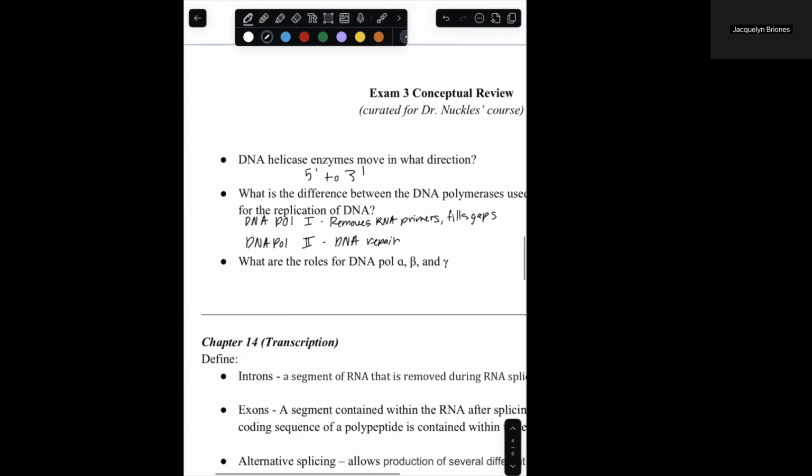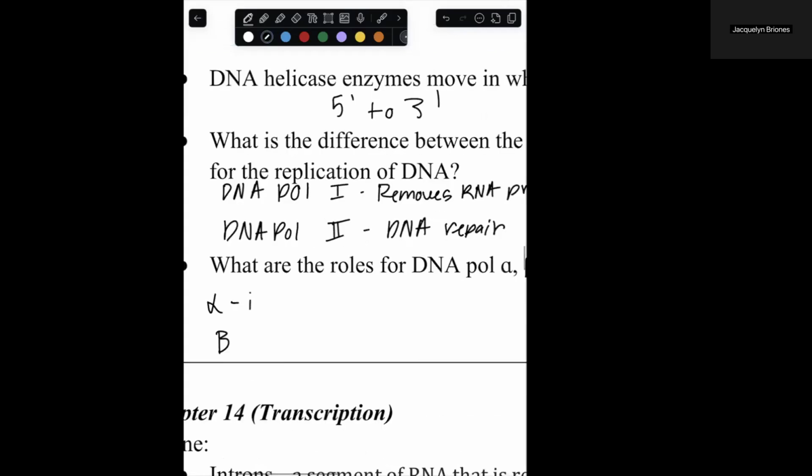And then we'll go into alpha, beta, and gamma. Alpha initiates DNA replication.